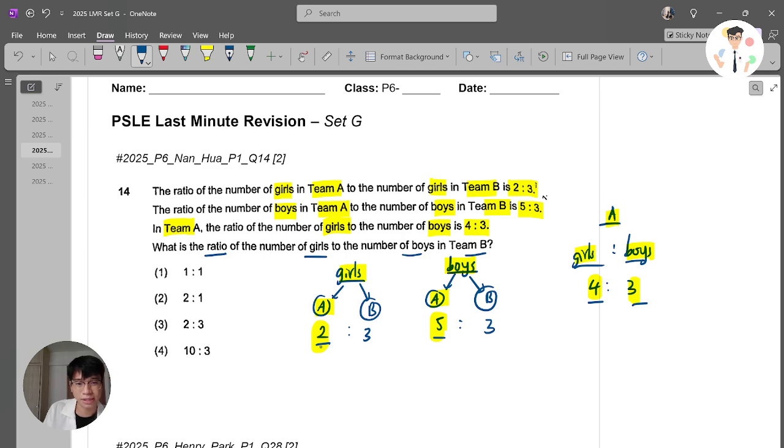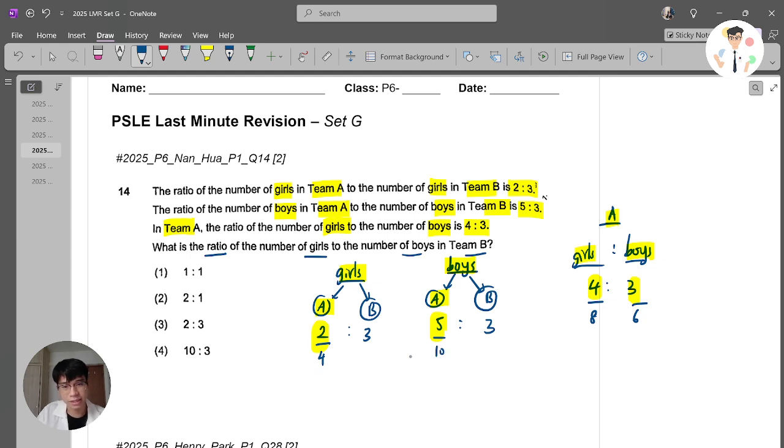We actually need to make this and this the same, but at the same time, this and this would also be its multiple. So if you look carefully, if you can find the multiple of 4 and 3, times 2 will be 8, 6. We need to make this and this, for example 4 times 2 here will be 10.